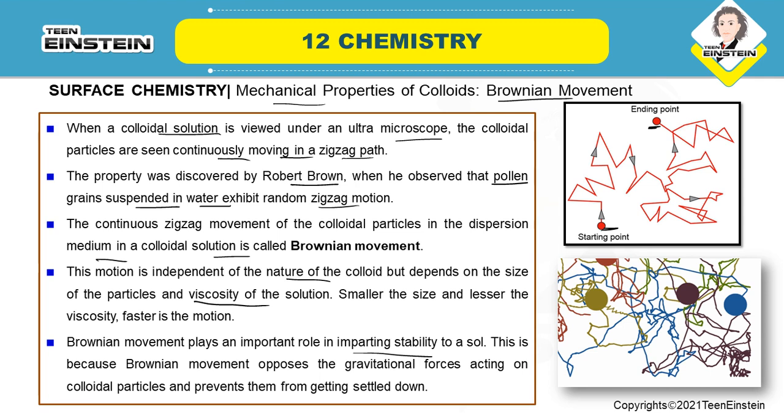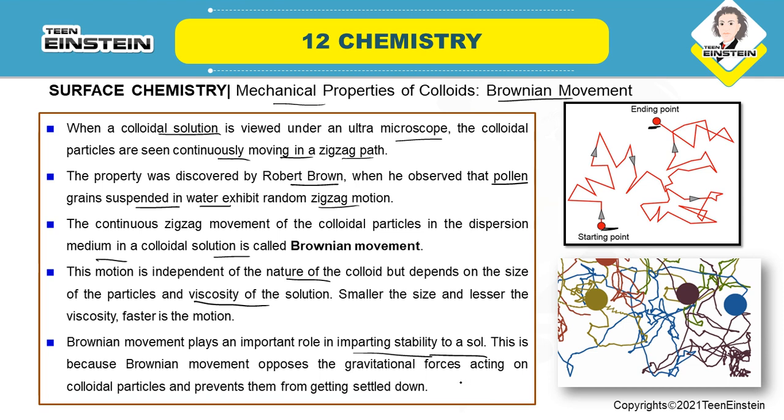Because of this type of motion, what will happen? They will oppose the gravitational force, because when we say that the sol is stable, it means the particles are not settling, right? If they are not settling, that means they are opposing the gravitational force. That is why they can move and are not settling.